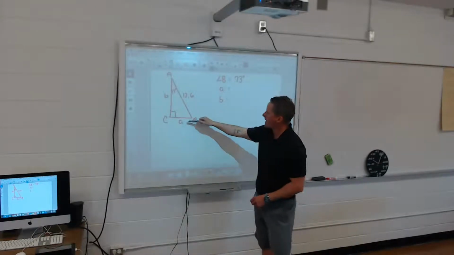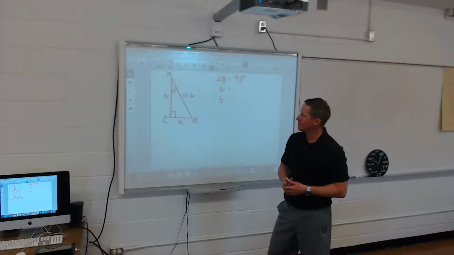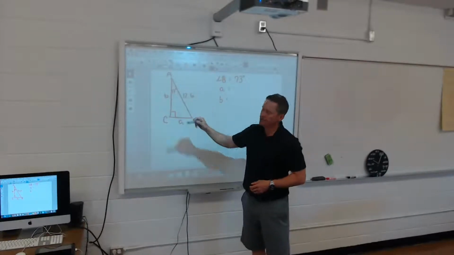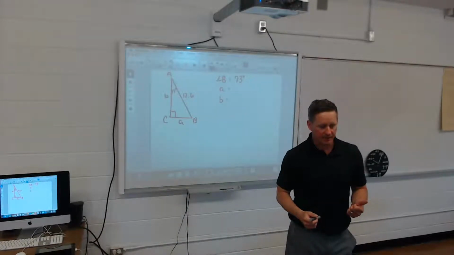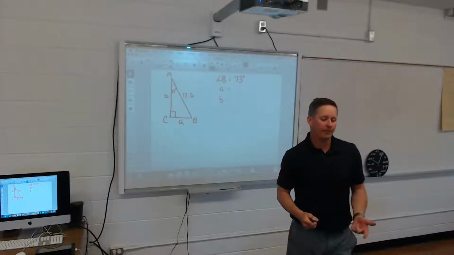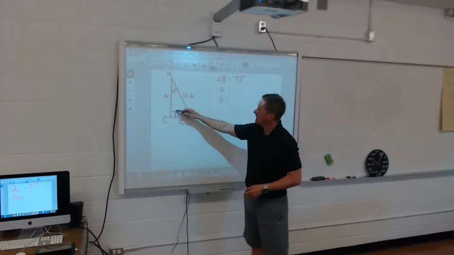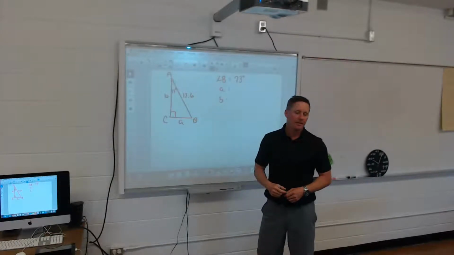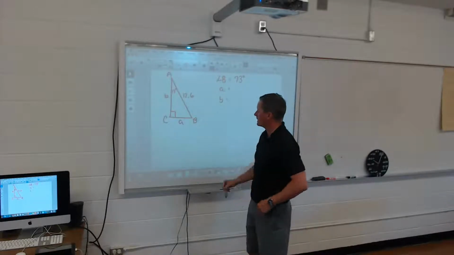It's opposite. Where is 12.6 in relation to 17? Well, I've already got the opposite, so I'm either looking at the adjacent side or the hypotenuse, depending on where it's located. And of course, it's across from the right angle, therefore it's the hypotenuse. So I'm talking then about opposite over hypotenuse.